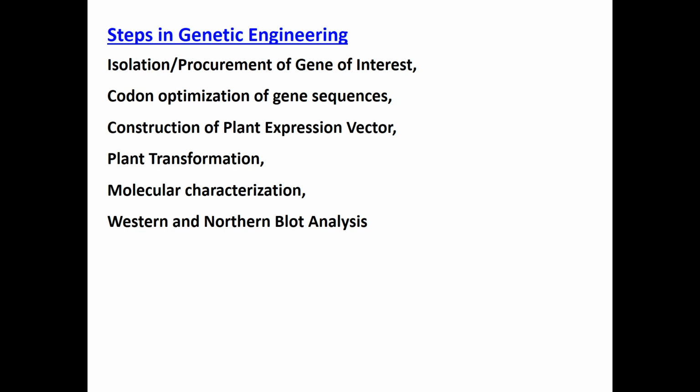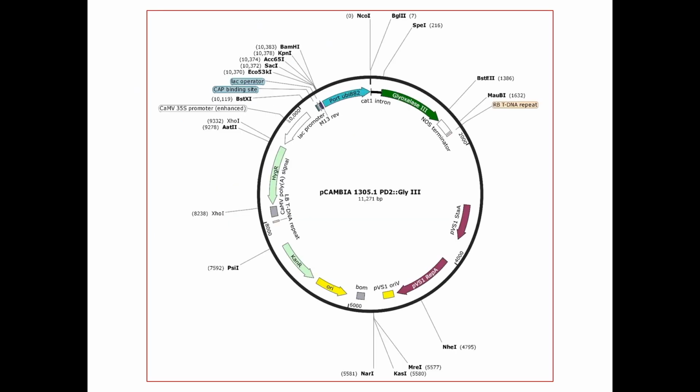After codon optimization and synthesis of the gene, you need to construct the plant expression vector with the gene. Then we perform the plant transformation, the molecular characterization of the transgenic events, western and northern blot analysis for further confirmation, and then take it further to production.